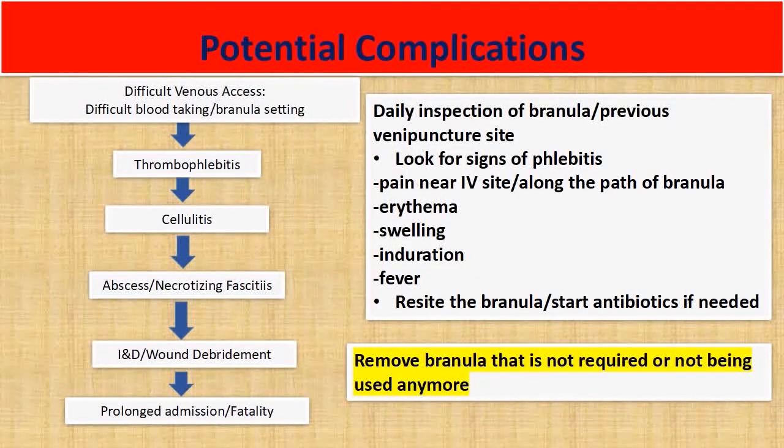So if any of these complications happen, it will lead to increased morbidity, and sometimes it may even result in fatality. After hearing all this, I hope you will be more vigilant in your morning rounds, and also you'll be able to detect thrombophlebitis or phlebitis at the earliest stage and be able to take the necessary actions. And another point to drive home is that any Verona that's not needed should be removed.